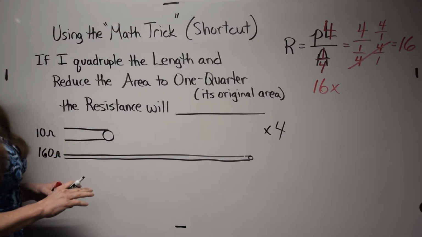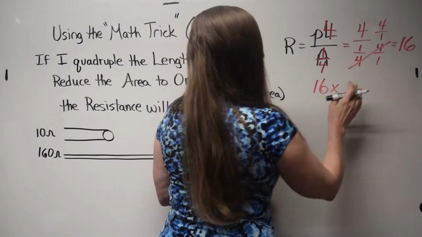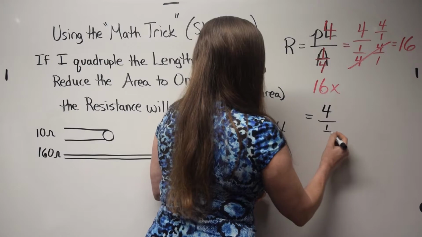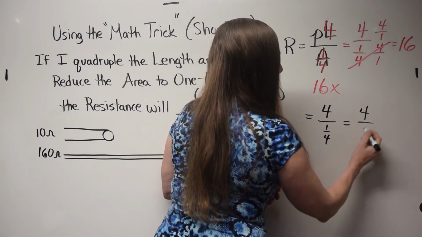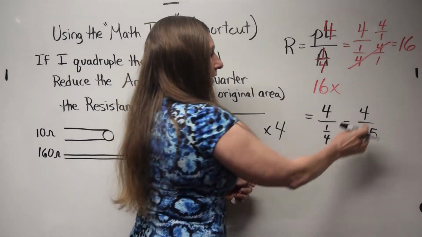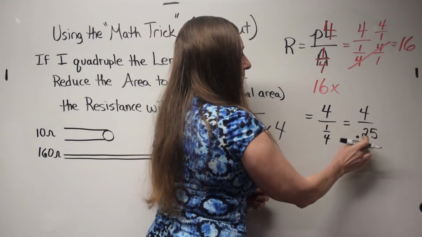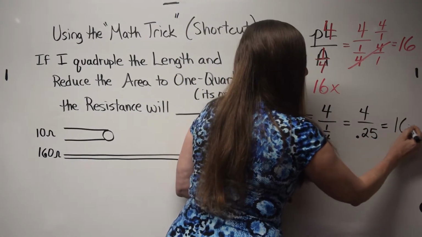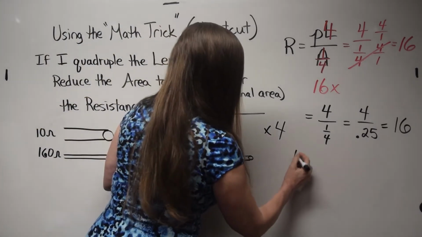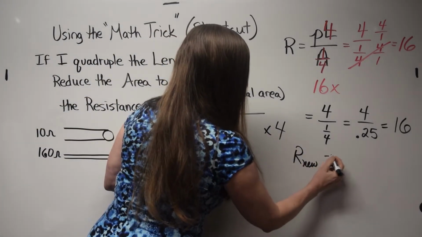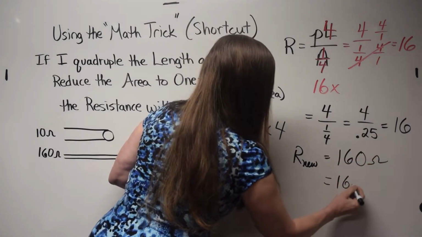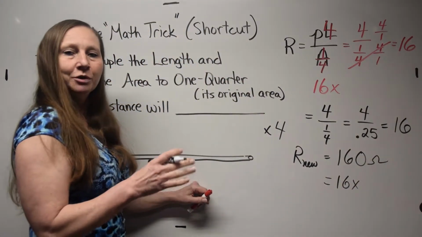All right, 16 times 10. Now, there's another way you could look at this. You could say 4 divided by 1/4 is 4 divided by 0.25. On your calculator, plug in 4 divided by 0.25. You're going to get 16, just the same. All right? So one way or the other, the new resistance is going to be 160 ohms, or 16 times the original resistance.